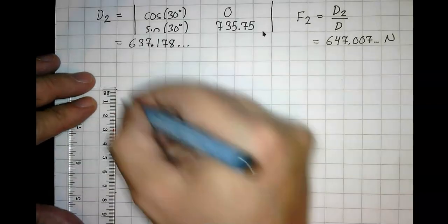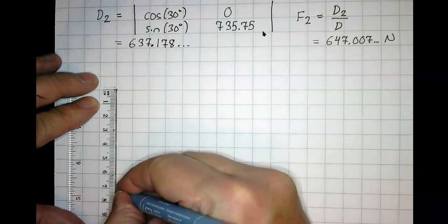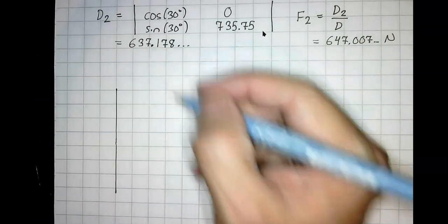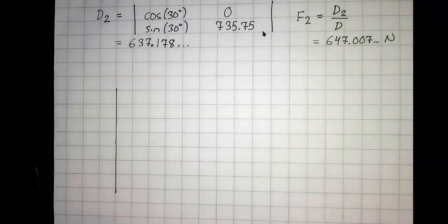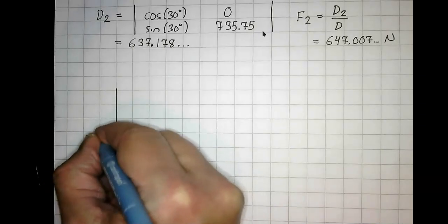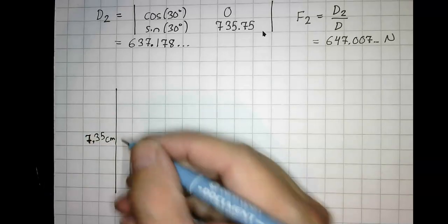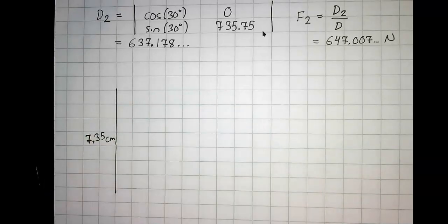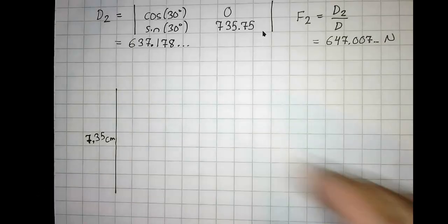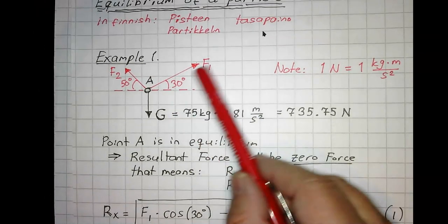So I will draw a line which has a length of 7.35 centimeters, or approximately 7.35 centimeters. And the next line I am drawing there will be in the direction of this F1.